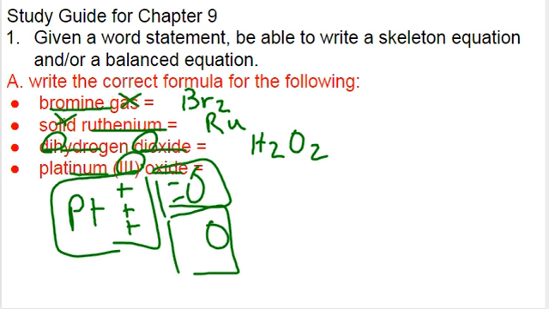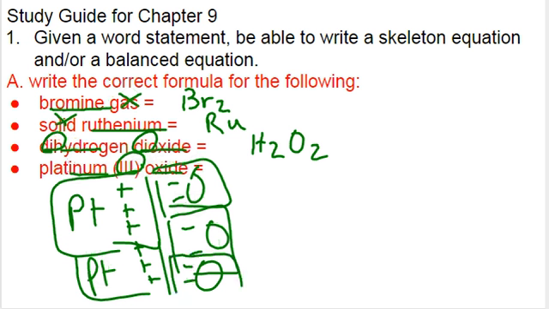When I bring in a second oxygen, now I come up short an electron, so I have to bring in another platinum. Well, now, of course, I'm going to need another oxygen. So to lose 6 electrons and have oxygen gain 6 electrons would take 2 platinum and 3 oxygen, or Pt2O3 would be the correct formula.